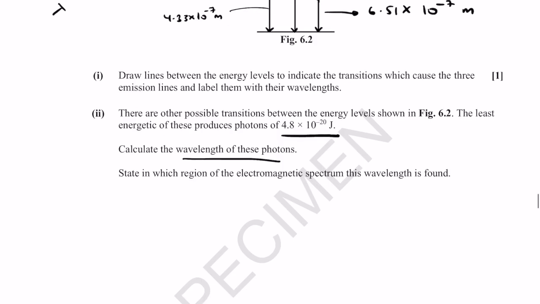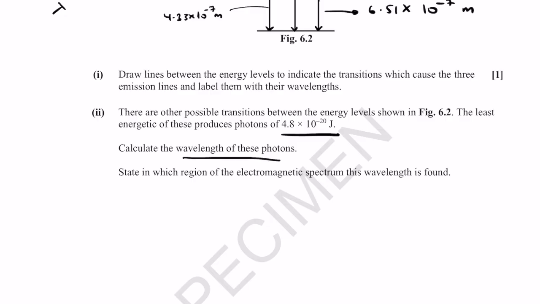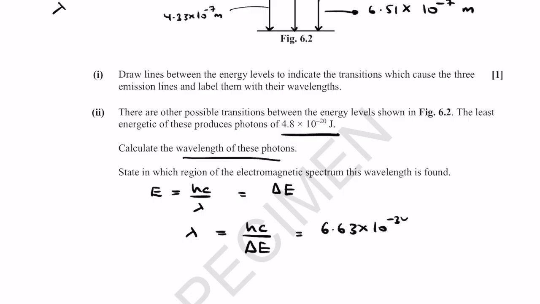As I said earlier, E is equal to hc over lambda, which is equal to the energy gap. So to work out lambda, I can rearrange as hc over delta E. Because I'm given the energy gap, I can put everything into the calculator and get a value.